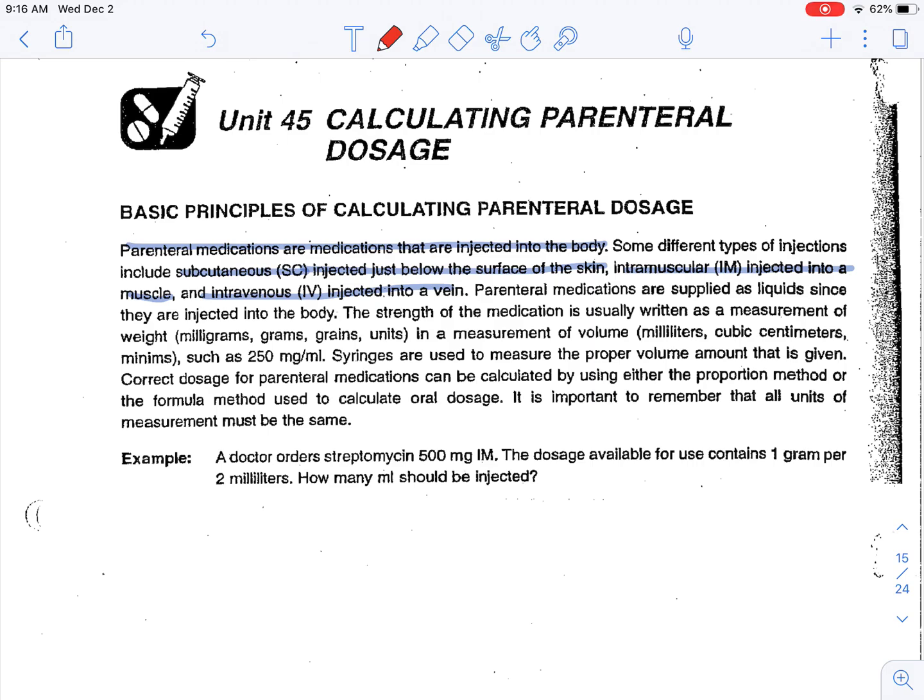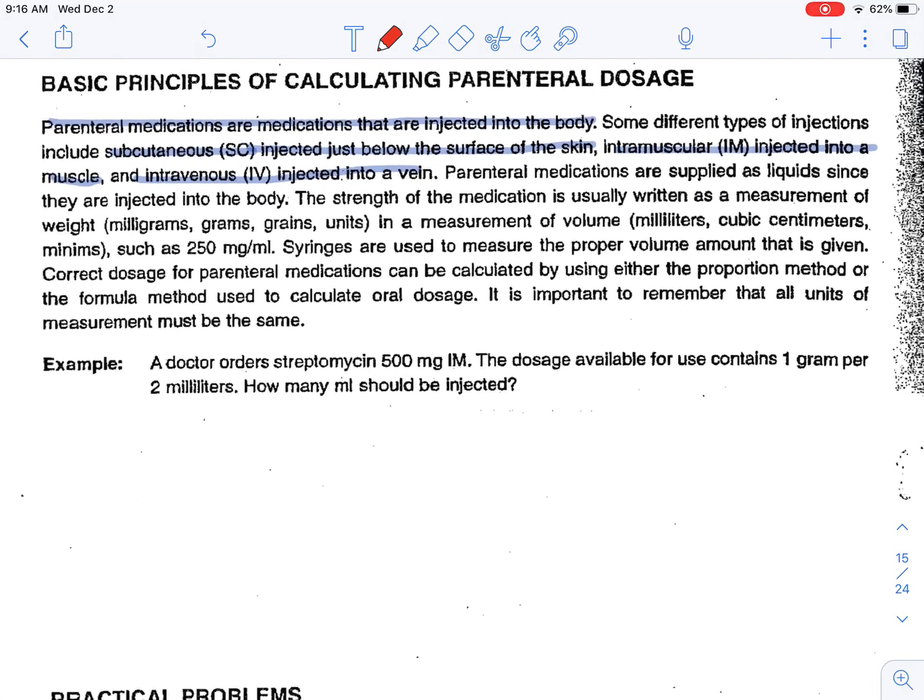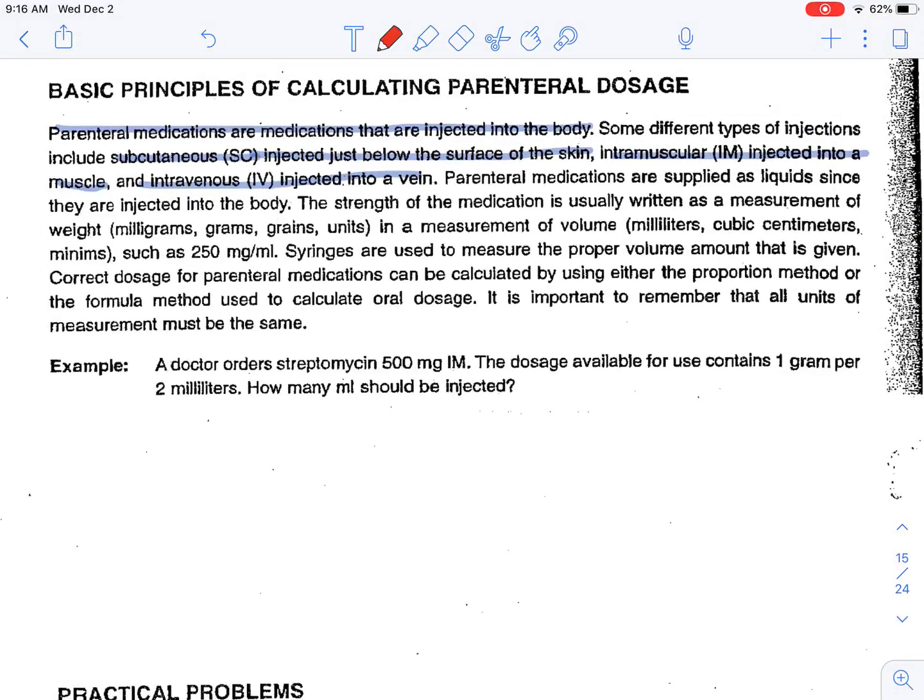The dosage available for use contains 1 gram per 2 milliliters. How many milliliters should be injected? So we're going to set this up as how it's available to the order by the doctor.